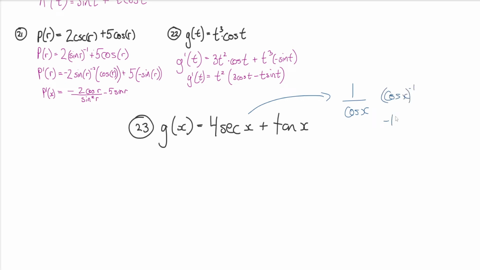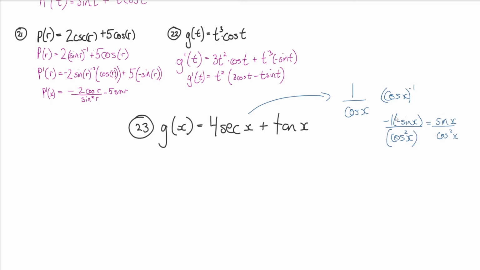When we take the derivative of that, we get minus 1 times cos of x to the minus 2, times minus sine of x after the chain rule, and this here is cos squared of x. So this is positive, this is sine x over cos squared x, right?